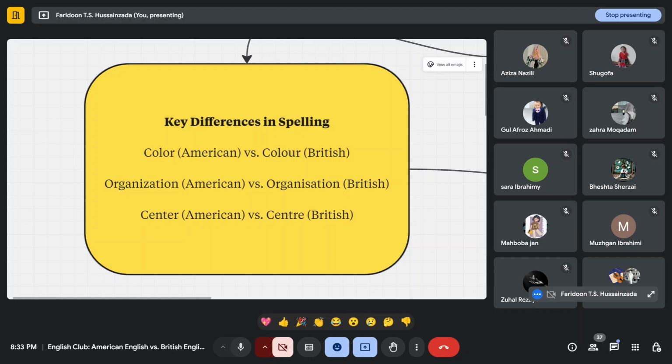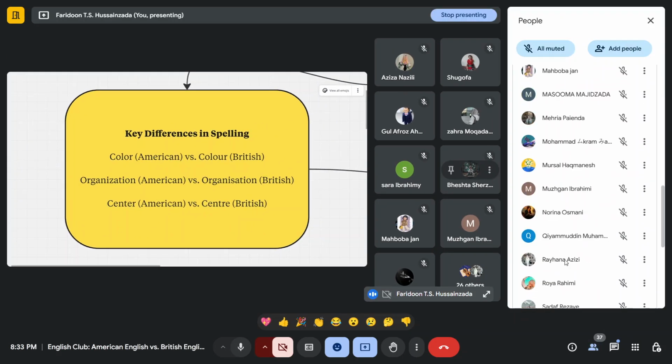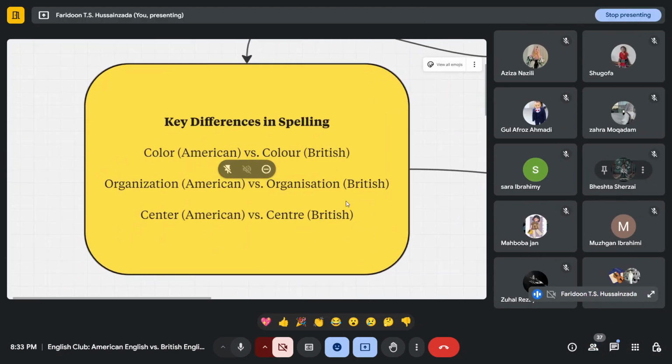Yeah. Another difference that we have in here is the IS and the IZ ending, the suffix ending we have. I think this one was mentioned again by one of your friends. I forgot which one specifically, but one of them did mention this difference, where she had a British friend who told her about the word realize.